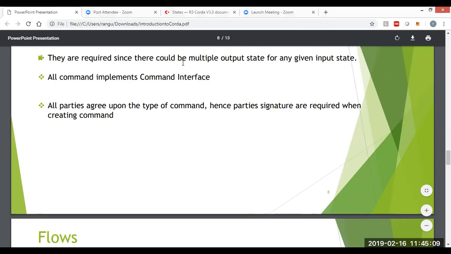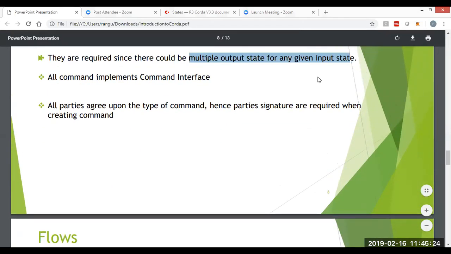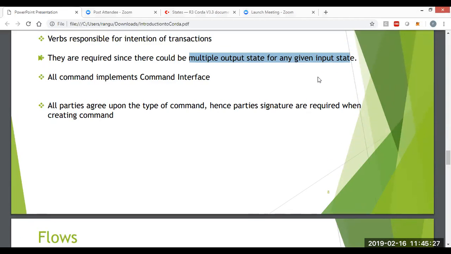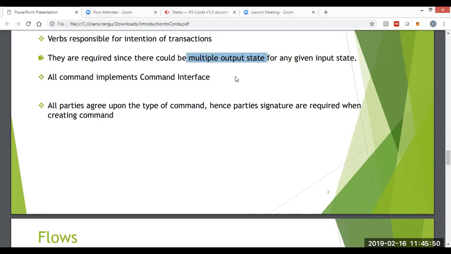Also, if you look at output state, there could be a scenario where one output state could have come from multiple input states. This is a bit confusing, but I'll explain. If you look at a state, it could have either an output state or an input state. What multiple states means is that when you construct a state, it could be from different data models, different data sets, or different unconsumed states. Assume I have state one and state two.